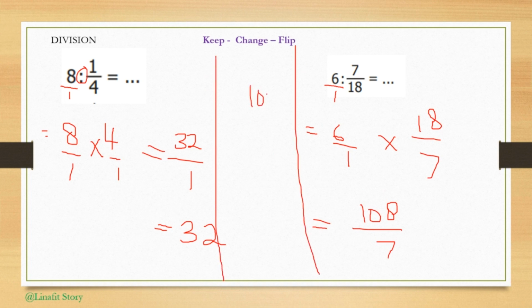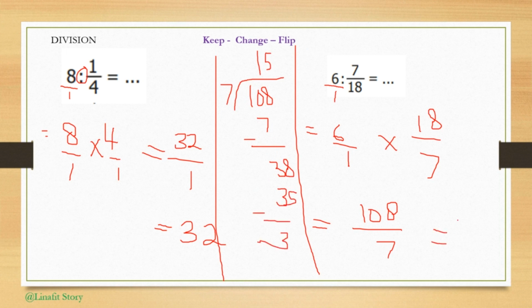So 108 divided by 7. 10 minus 7 equals to 3. 38 divided by 7 equals to 5. So 35, remainder 3. So the answer equals to 15, 3 out of 7.